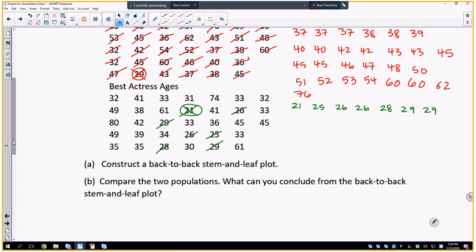Okay. Then women in their 30s, I have 30.